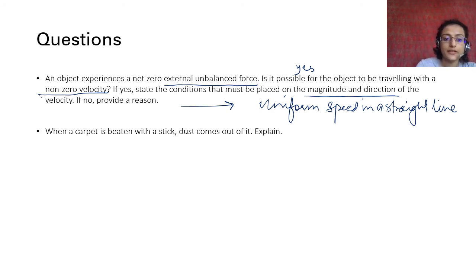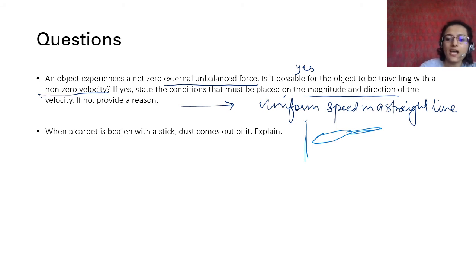When a carpet is beaten with a stick, dust comes out of it. Explain. I have talked about this, I think, in the previous one. When you beat a carpet, you hold the carpet vertically and use some sort of a bat to beat it, right? A cricket bat or something, and you beat it.